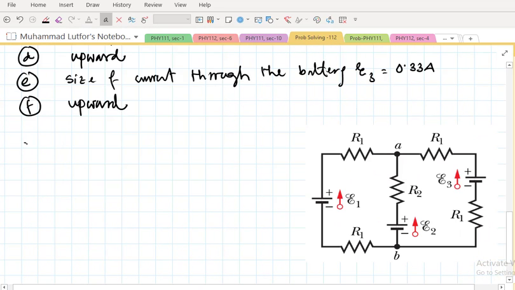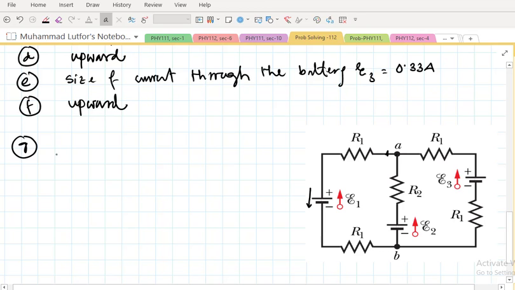First, I will start from point A. I'll go along that path, because the current through the E1 battery is in that direction. That means point A would be the higher potential, and point B the lower potential.